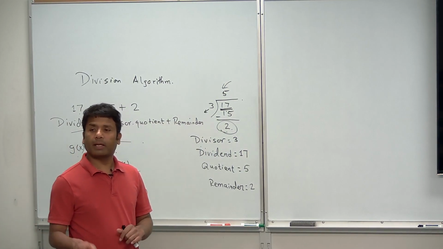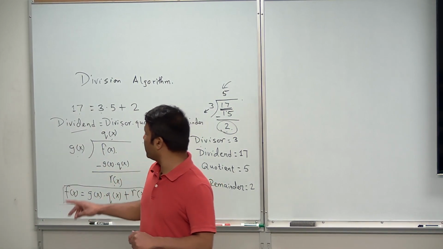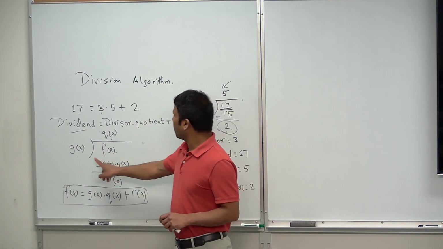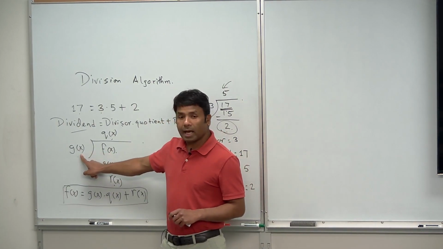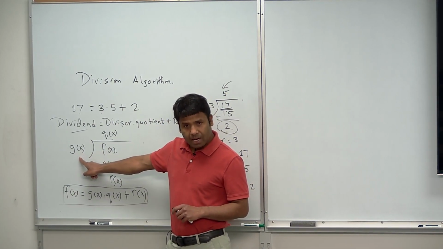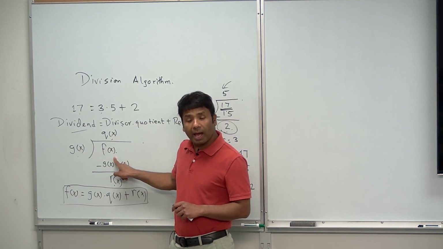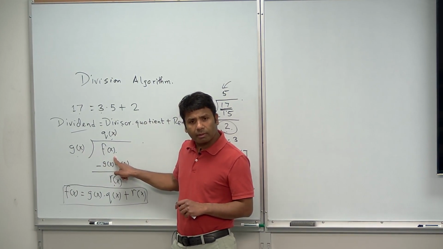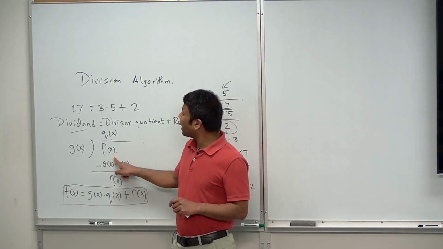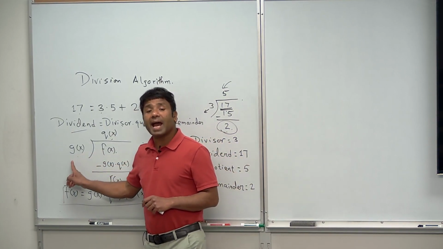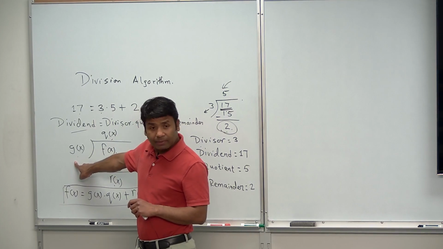What did I say here? Let f(x) and g(x) be two polynomials, with the degree of g(x) less than the degree of f(x), and the degree of g(x) at least 1.